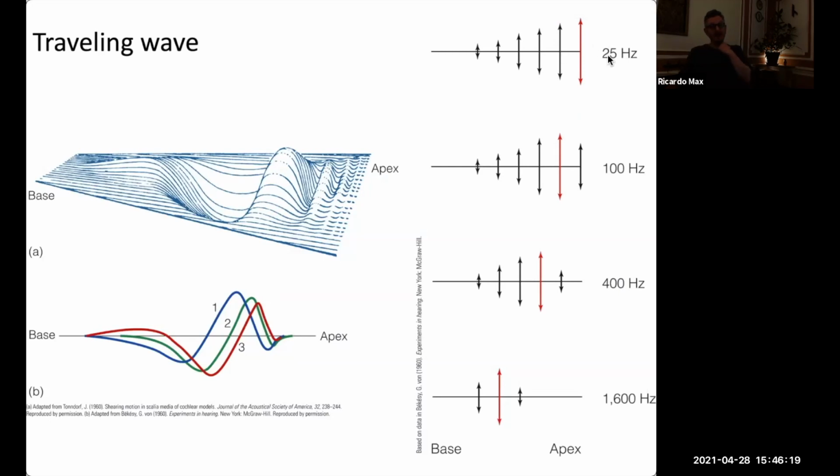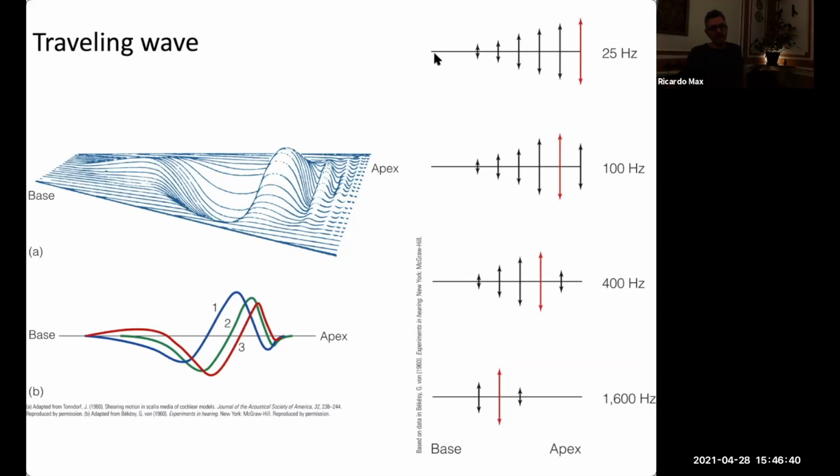This is 25 Hertz, which is below our lower threshold. We start to hear sound above 35 or 40 Hertz. Although 25 Hertz, we may feel it in our stomach, but we don't hear it.